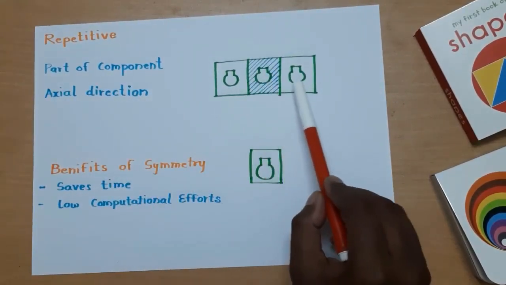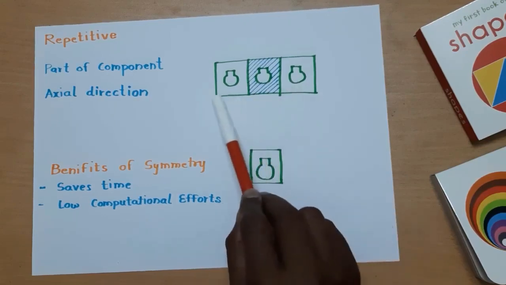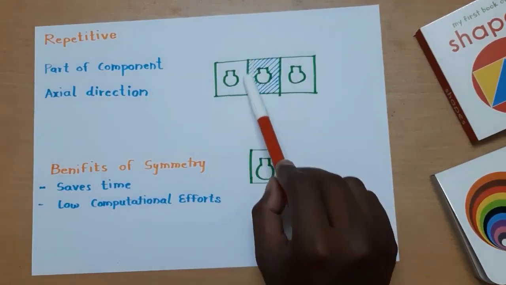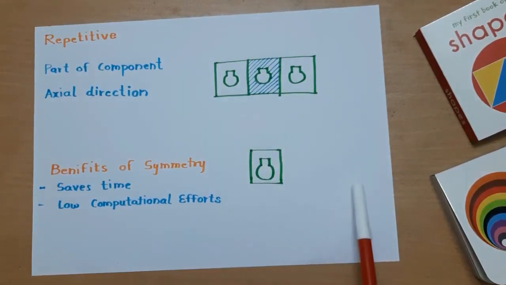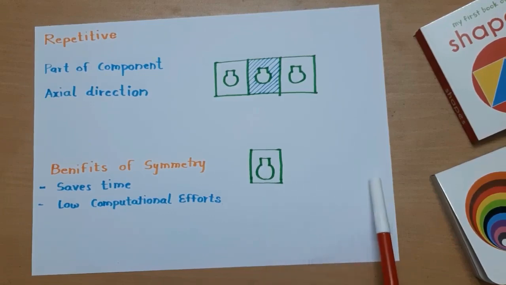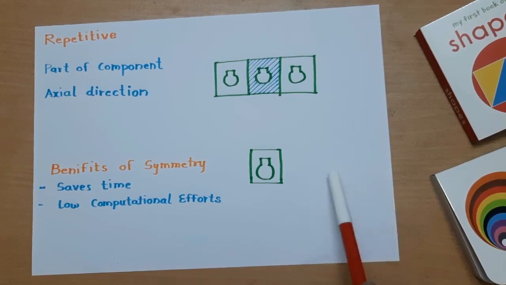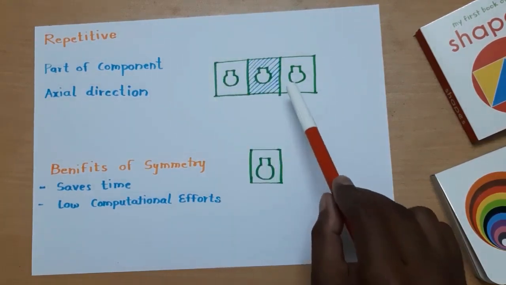Here, this is the component which is repeated in this direction. We analyze only one component and make the result repeat along this direction, so we get results on each component. Finally we get the result of the full model.